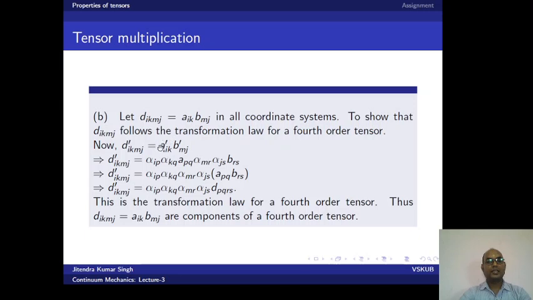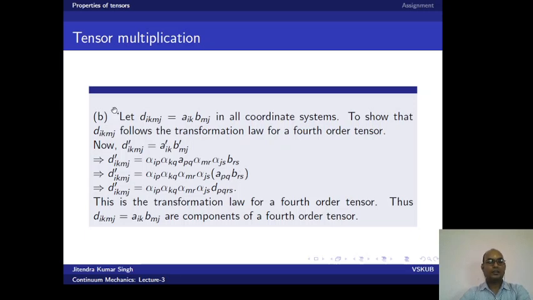So we can write Aik dash is equal to alpha Ip, alpha Kq, Apq, and Bmj dash we can write as alpha Mr, alpha Js, Brs. This is the transformation rule for a second order tensor. Therefore D dash ikmj is equal to alpha Ip, alpha Kq, alpha Mr, alpha Js, Apq, Brs.